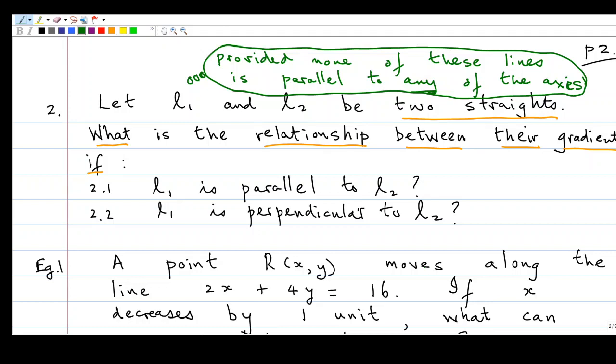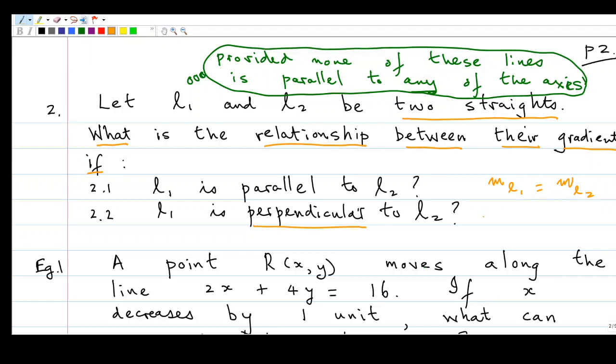Right, so for 2.1, think about 2.1 and 2.2. You should know that if L1 is parallel to L sub 2, then the gradient of line L sub 1 must equal the gradient of line L sub 2. 2.2, L sub 1 is perpendicular to L sub 2.